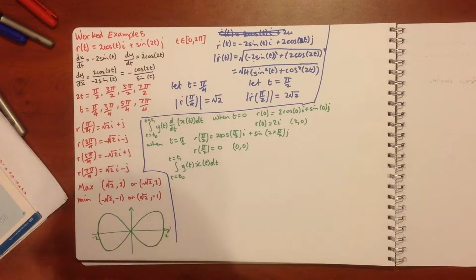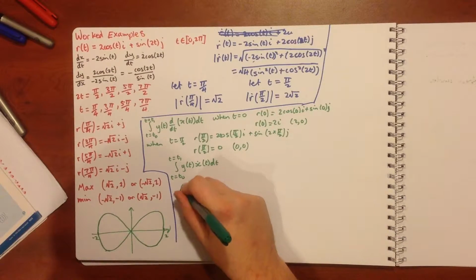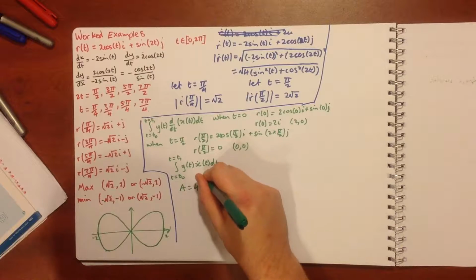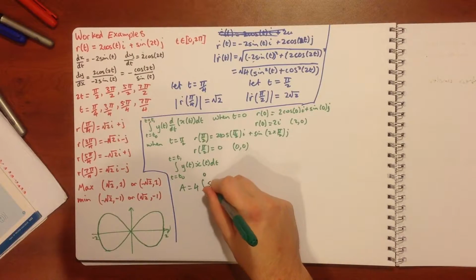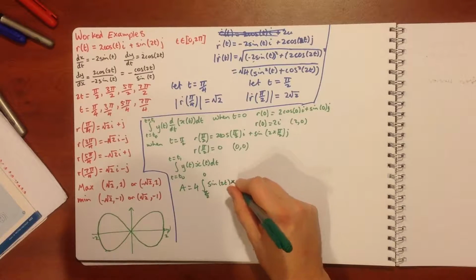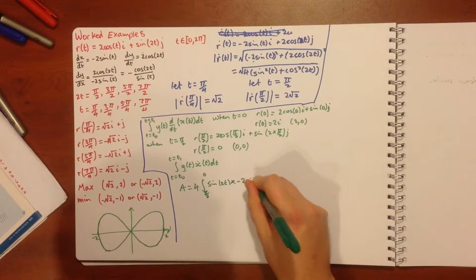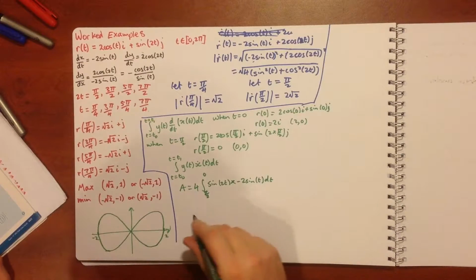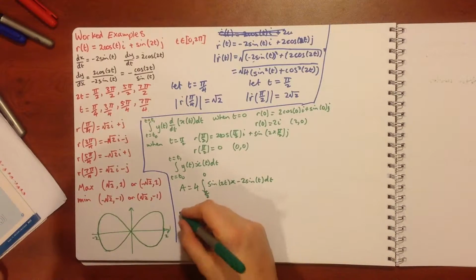So what we're going to do then is say our area is equal to 4 times our integral from pi on 2 to 0 of our sine of 2t times our negative 2 sine of t dt.